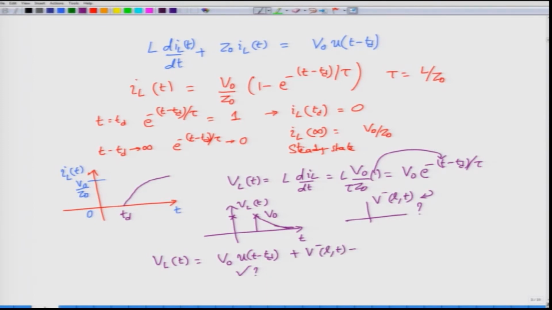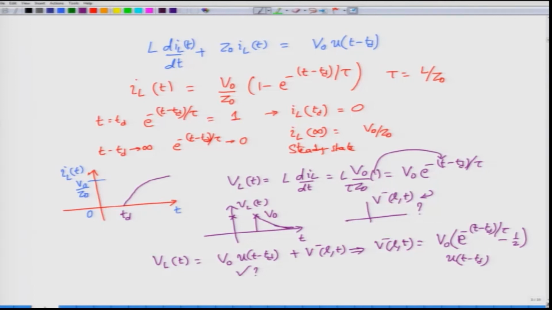Solving this equation, you obtain for the reflected voltage V0 times [e to the power minus (t minus Td) by tau minus half] times u(t minus Td). This expression starts at t equal to Td and goes all the way up to infinity.